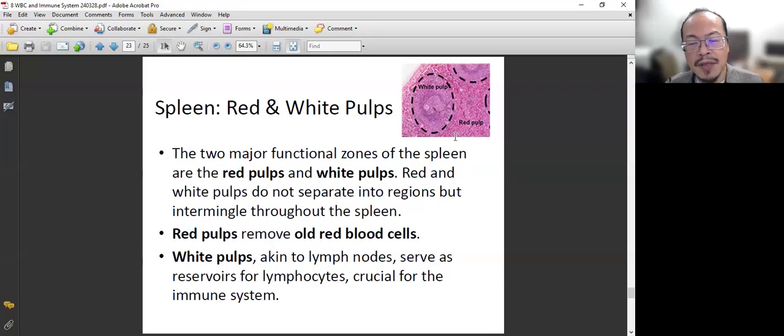If the red blood cells are aged and don't perform the function, they will get engulfed by the macrophages. So that's the function of the red pulp: remove old or damaged red blood cells. White pulp, so red pulp, red blood cells. White pulp is white cells, white blood cells. That's the leukocytes. And here we have the lymphocytes staying here. So that's that.